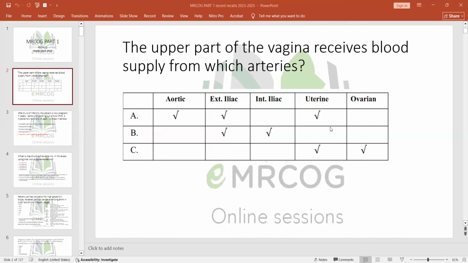No, direct branches. Okay, this is a very good example of what I was telling you. One of the tricks in your exam is that one of the options could be right, but it's not the direct branch. For example, when they ask you about the blood supply of the descending colon, would it be the inferior mesenteric or something that is a direct branch to the descending colon?